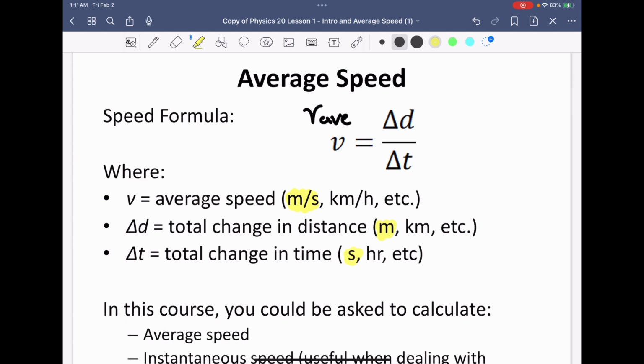So I want you to highlight those in your notes and even star them, and note that this is how we're going to answer most of the questions. If they ever ask for time, distance, or speed, it's always going to revolve around these. Sometimes they may ask you for kilometers per hour or other units, but for the most part, we're going to be dealing with meters per second, meters, or seconds. Those are the most standard, most requested units.